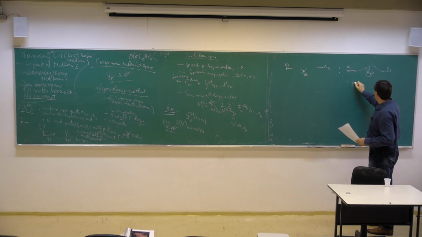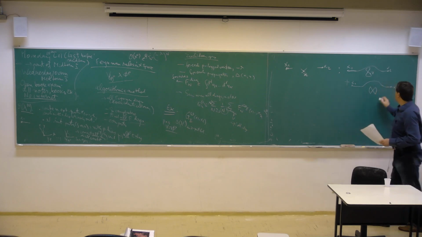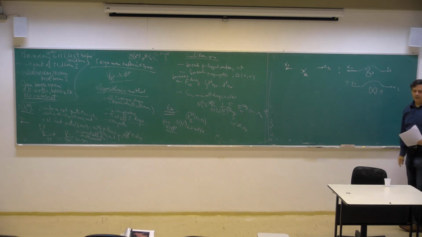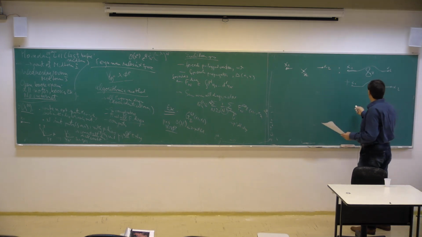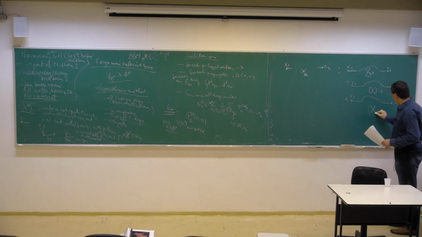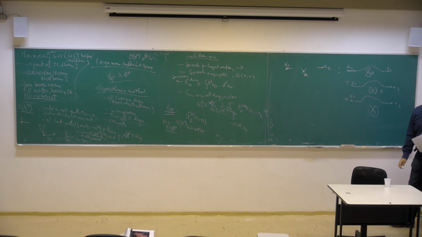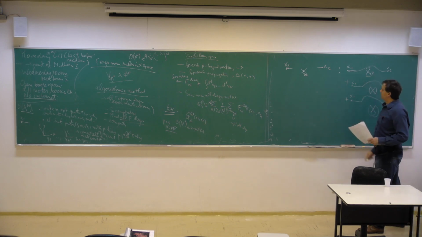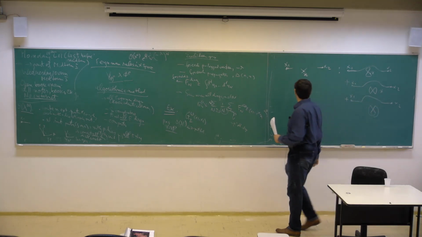I could in principle connect also like this. That's another possibility. So one up with one low, or crosswise. So these are the possibilities when I connect the external lines by themselves.